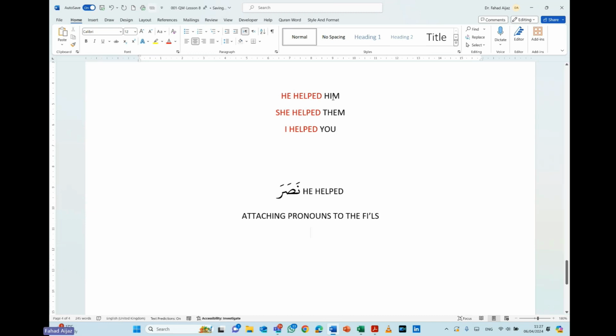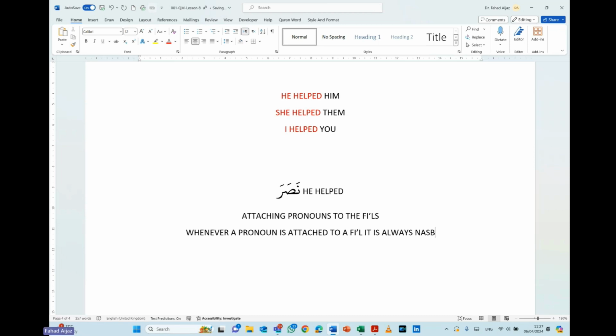These pronouns that are in front here, him, them, you, these are all attached pronouns. So whenever a pronoun is attached to a fi'l, remember it is always nasb. It's always nasb.